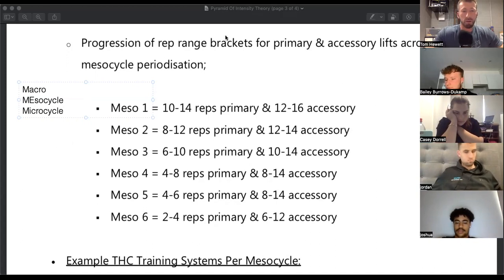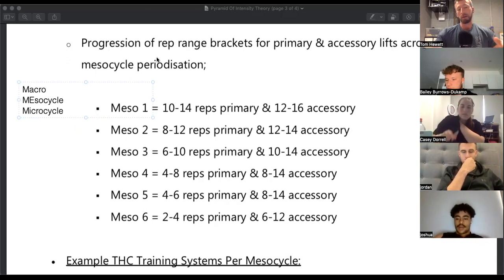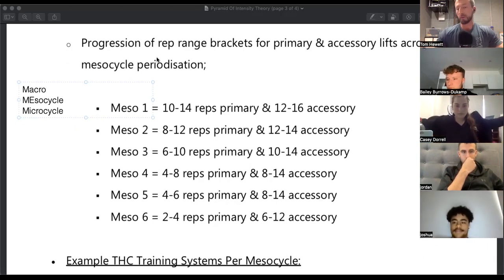Okay. And what I've got written here is basically a progression of how I would take a beginner client from that 12 to 14 rep range beginner thing that we looked at in the pyramid, and work them up over time into functional hypertrophy or relative strength training.